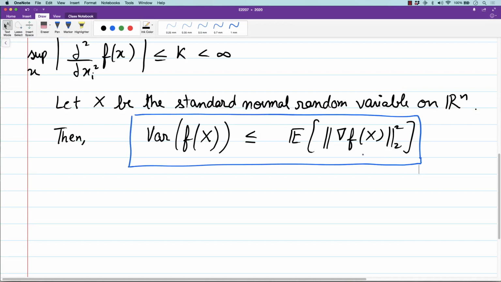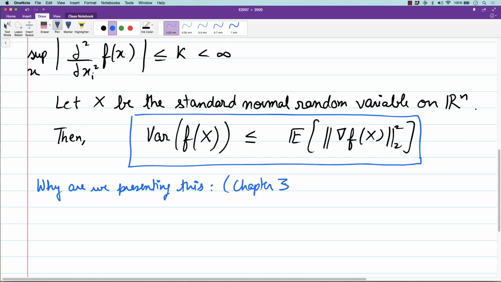So why are we covering this inequality? By the way, this is from chapter 3 of the textbook by Boucheron, Lugosi and Massart.